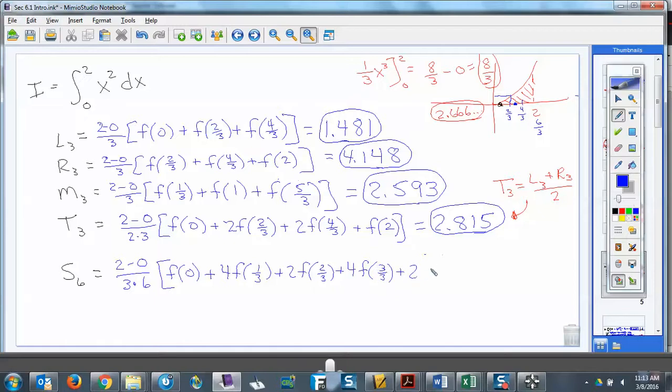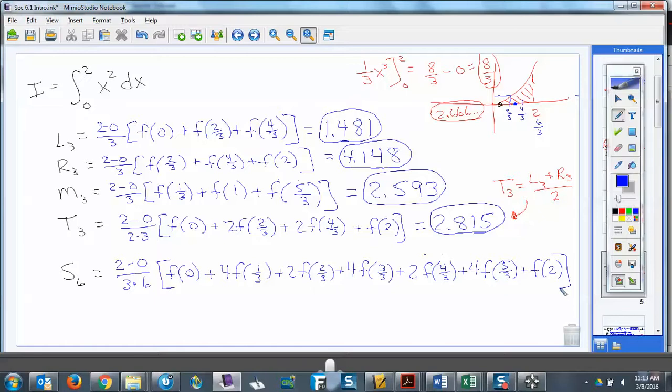Plus 2F of 4/3 plus 4F of 5/3 plus F of 2. And how many are in there? 7. One more, just like trapezoid, one more than the number of subdivisions. We had 6 subdivisions. There's 7 in there.